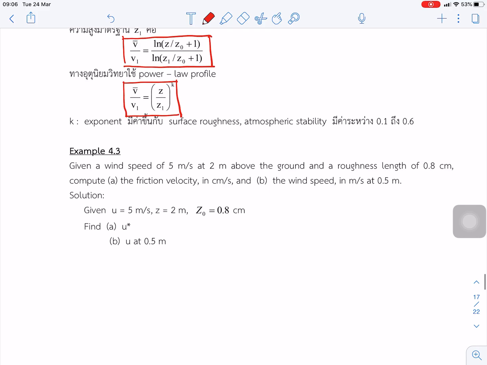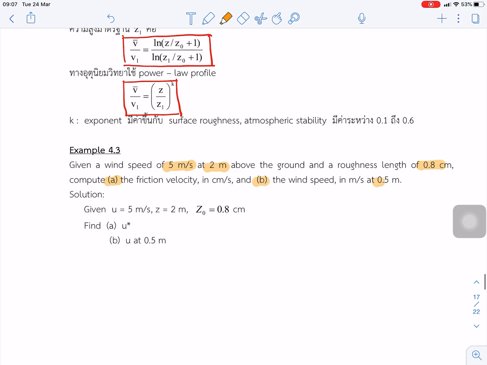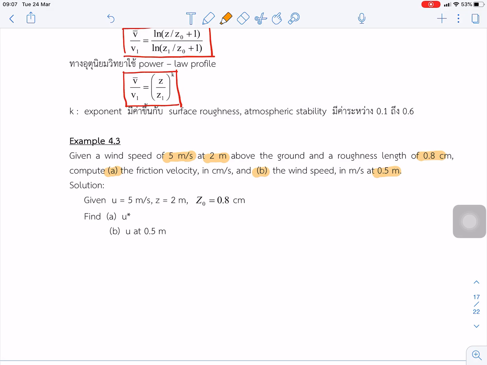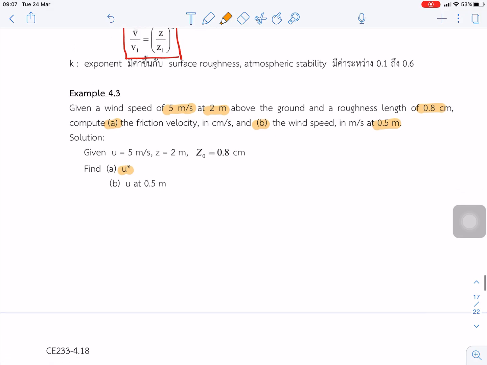This example shows, if the given wind speed is 5 meters per second at 2 meters above the ground, and the roughness height is 0.8 centimeter, compute the friction velocity and the wind speed at 0.5 meter. So first we have to estimate the shear velocity.